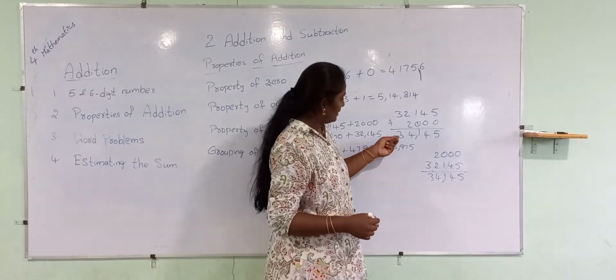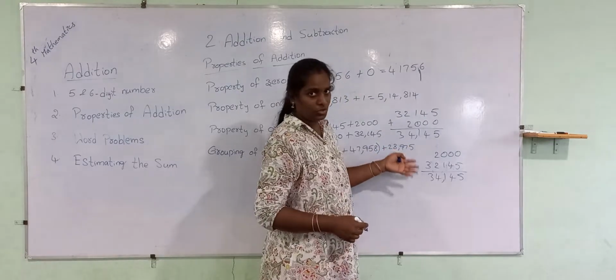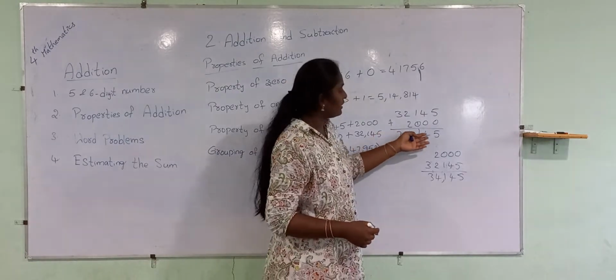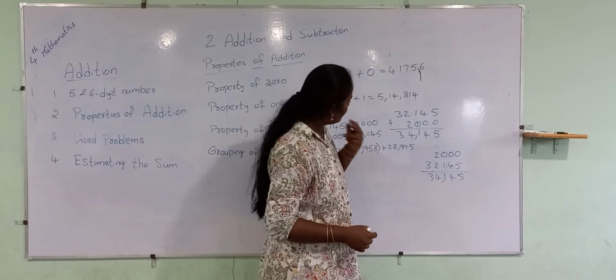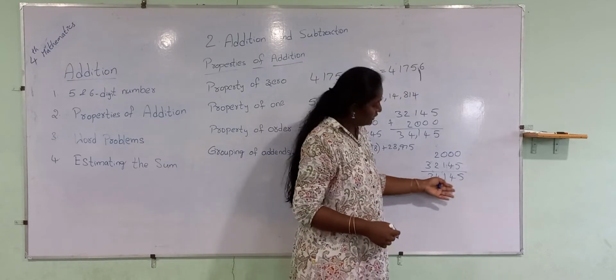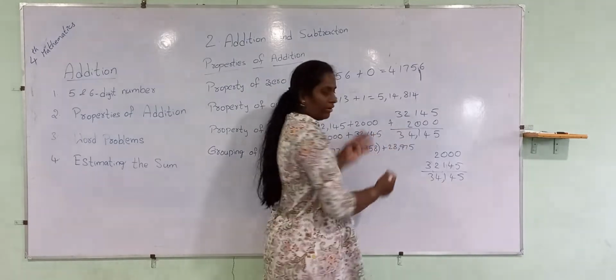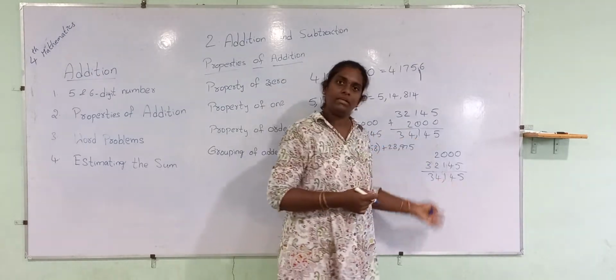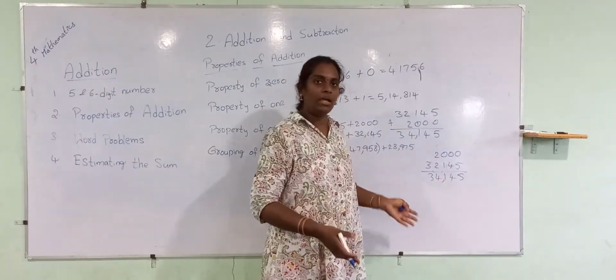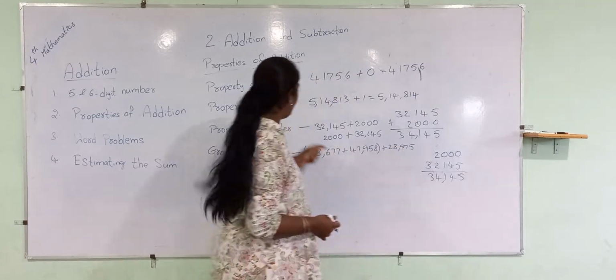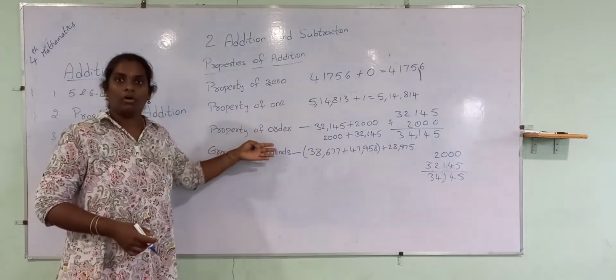See here, has the sum changed? Change? No. Here 34,145 is there, and here 34,145 is the answer. Right? If we change the order, the sum will be the same. There is no change in the result. Okay? That is the property of order.